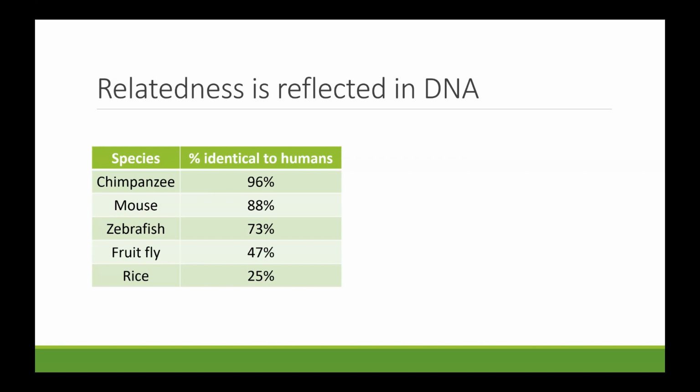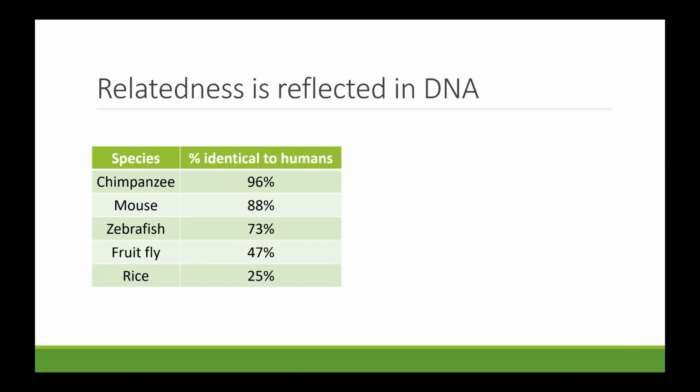We're only 4% different. In mice, 88% of their DNA is identical to humans. In zebrafish, 73%. Fruit flies, 47%. Even rice, a plant, 25% of its DNA is still identical to humans.